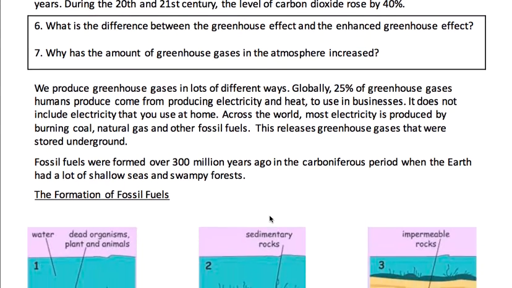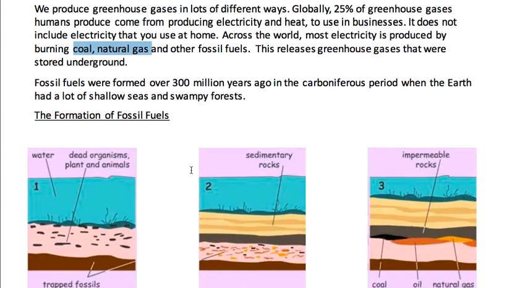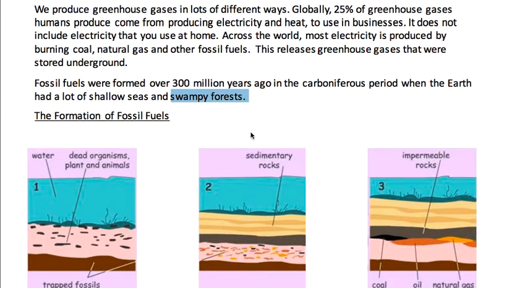Now, what we're going to do is have a bit more of an in-depth look at what fossil fuels are. So remember that the examples of fossil fuels we looked at are coal and natural gas. They were formed 300 million years ago in a period of the Earth's history called the Carboniferous period. And in that period, the Earth had lots of shallow seas and swampy forests. Swampy forest, that's just like a really wet forest.